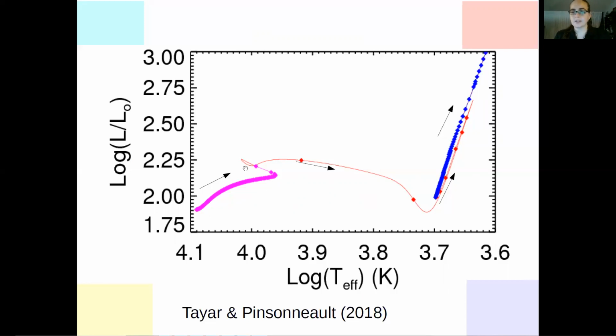Then they eventually exhaust the hydrogen in their cores. They quickly cross the Hertzsprung gap and evolve up the red giant branch, where they reach the tip of the red giant branch and are able to non-degenerately ignite their helium, where they then contract back down to the core helium burning phase and then evolve up the asymptotic giant branch.